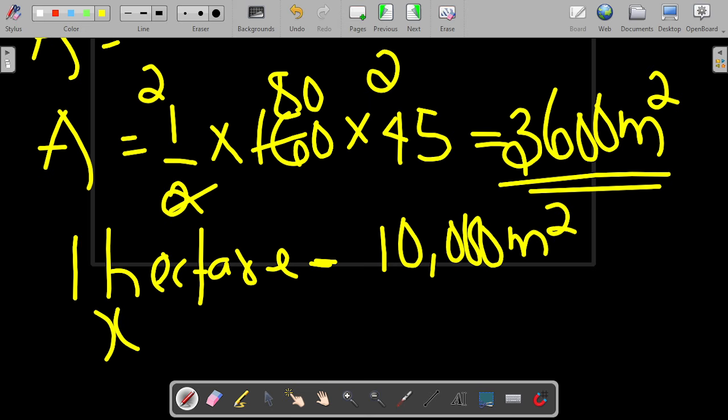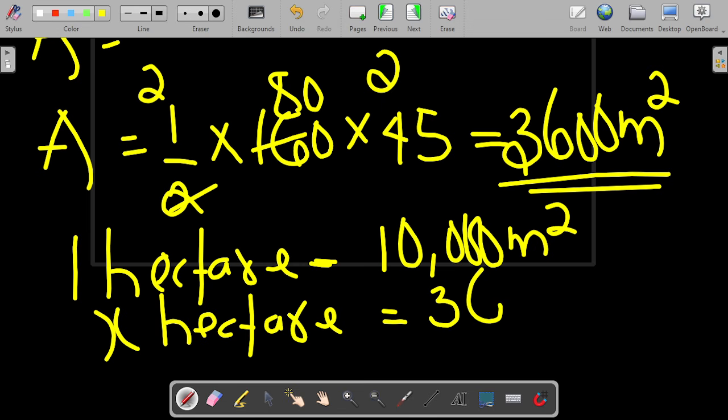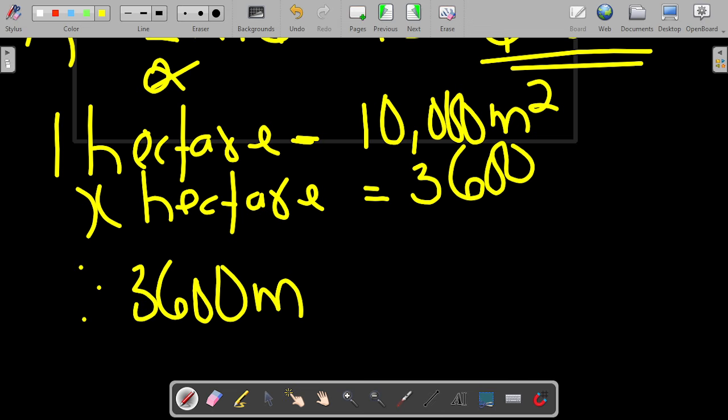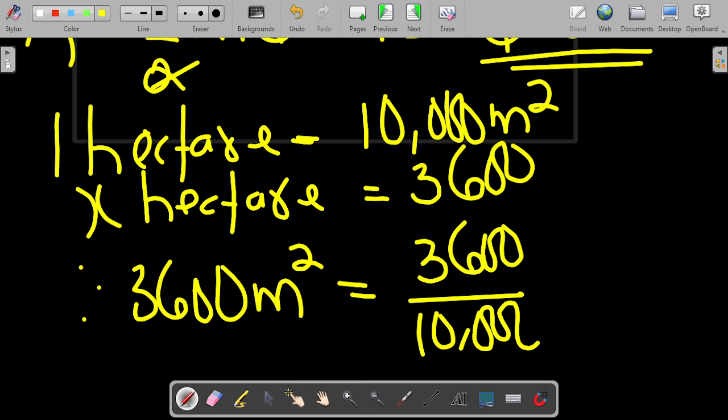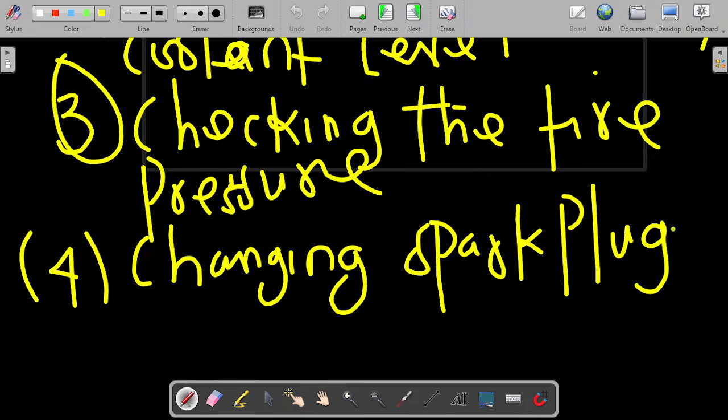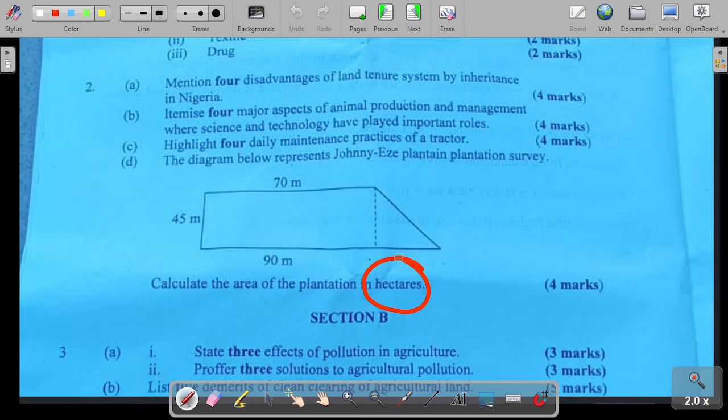So 3,600 meters square is simply 3,600 divided by 10,000, which is 0.36 hectare. So just divide your area by 10,000. That is the solution to the question. So we are done with number 2.